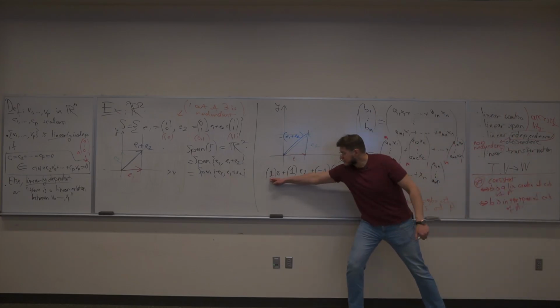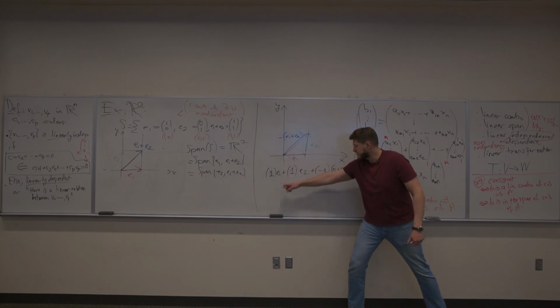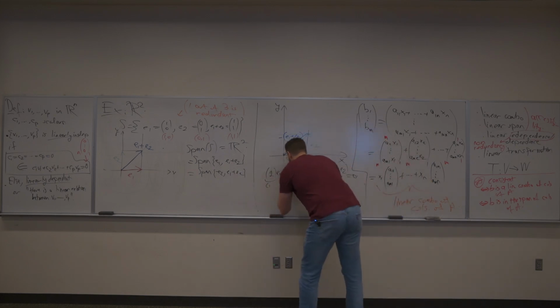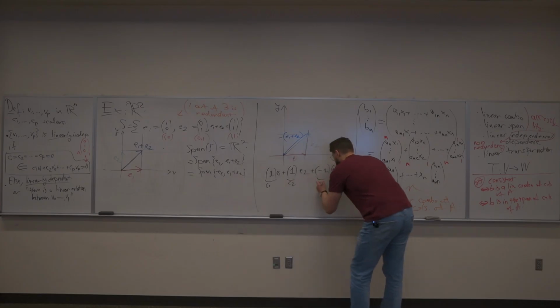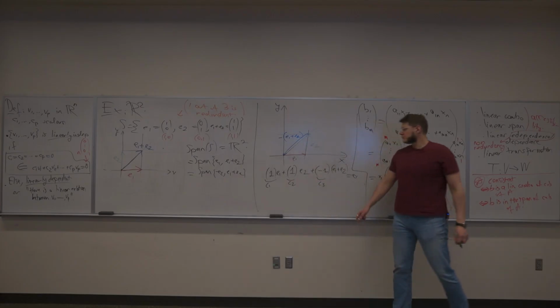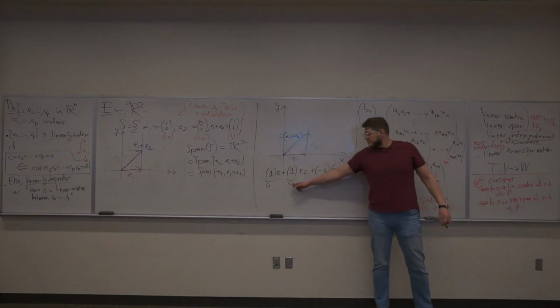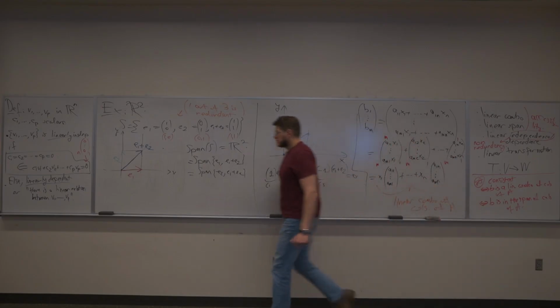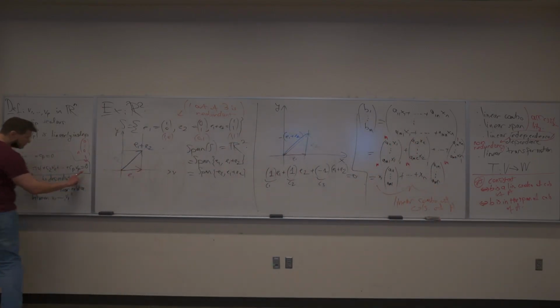This is my first scalar C1 in that expression. This is C2. This is C3. You see, none of these numbers, in fact, in this case, are 0. So I was able to loop back to the origin. This is satisfied.